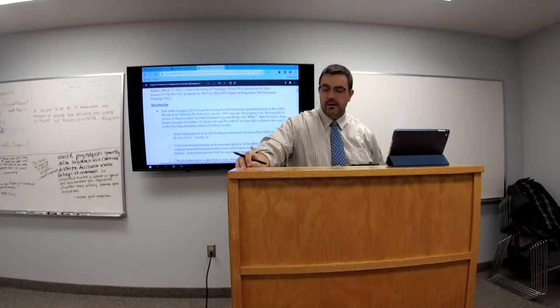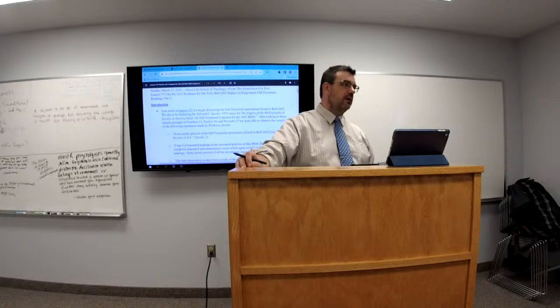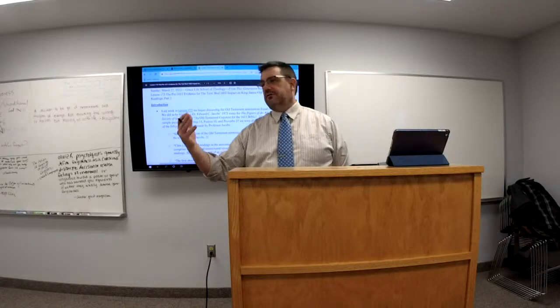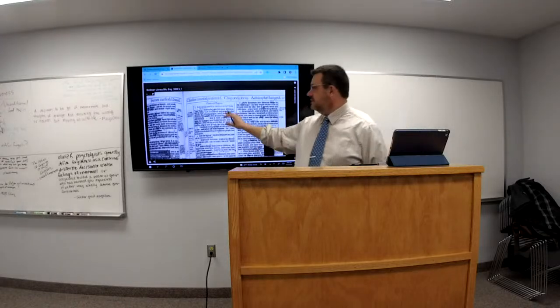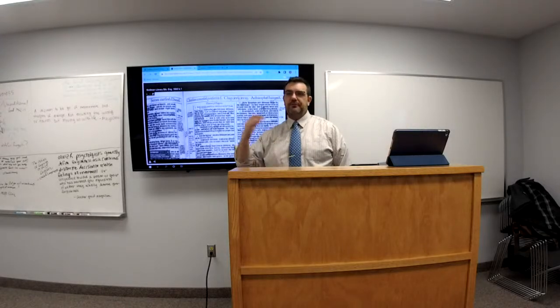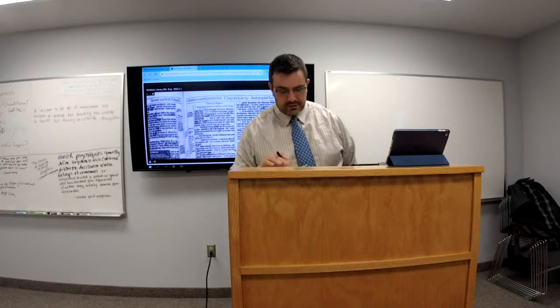Number 1, some 90% of the Old Testament annotations found in Bod 1602 represent the text of the AV. So of the annotations that are in the margins of Bod 1602, 90% of them represent the final text of the Authorized Version, or the King James Bible of 1611.